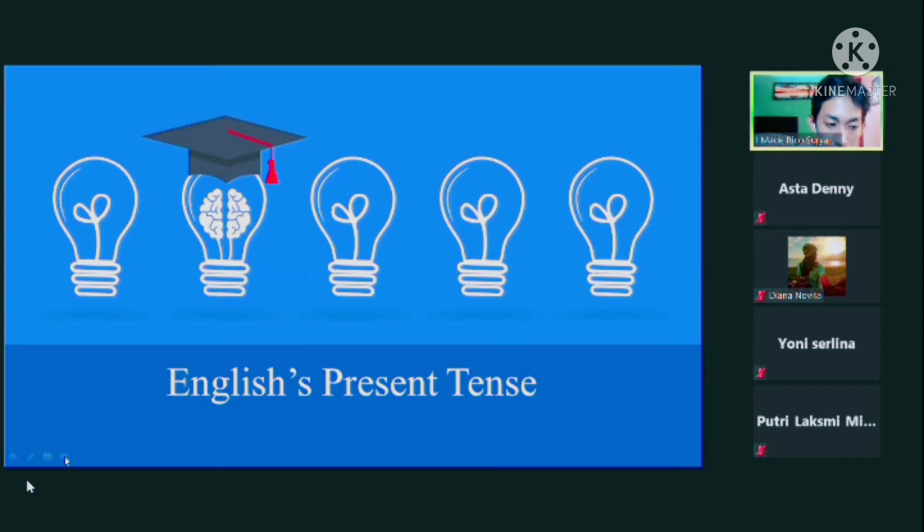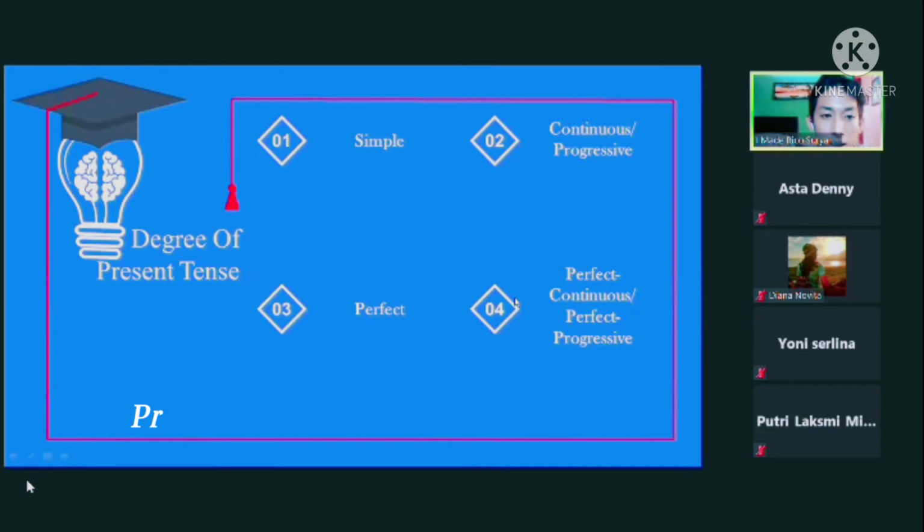Wait a minute. Let's go to the next slide. Okay, the degrees of present tense, there are four. The first ones are simple and continuous or progressive, that Astadeni mentioned earlier. And above all, they are perfect and perfect continuous, also known as perfect progressive.